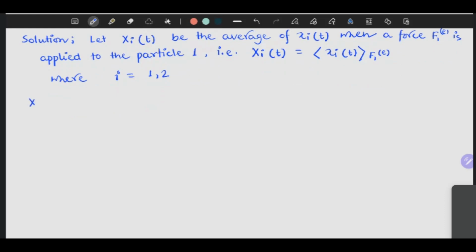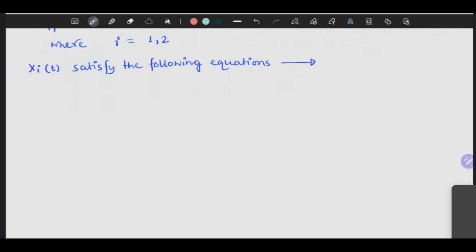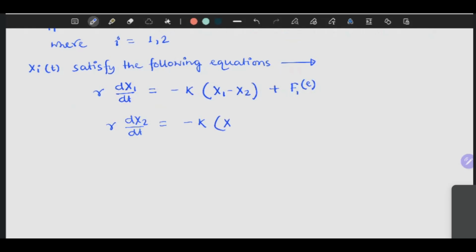What are those equations? Gamma dx1/dt is equal to minus k (x1 minus x2) plus F1e, and gamma dx2/dt is equal to minus k (x2 minus x1).